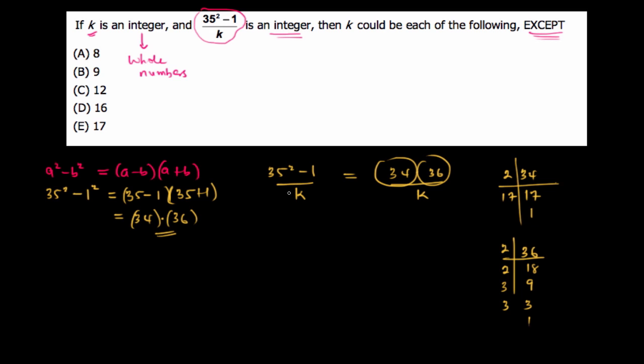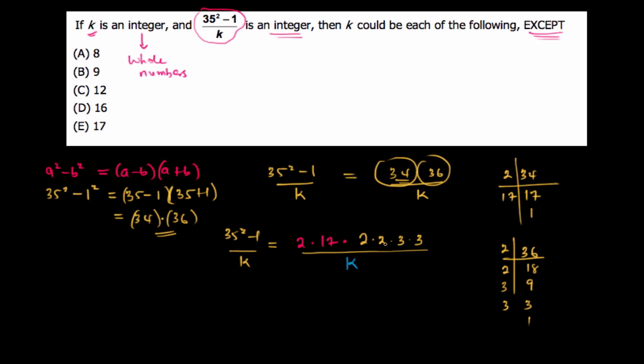So in other words, I could rewrite (35² − 1)/k as my 34, which is now 2 times 17, times my 36, which is now 2 times 2 times 3 times 3, all divided by k.